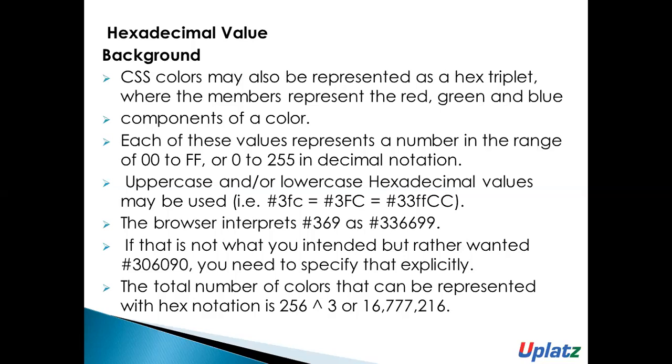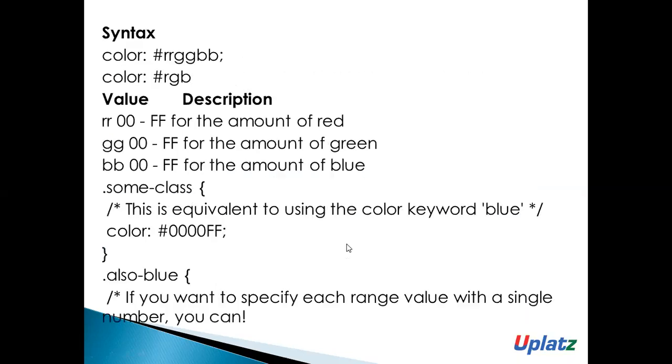The total number of colors that can be represented with the hexa notation is 256 to the power of 3, which is 16,777,216.